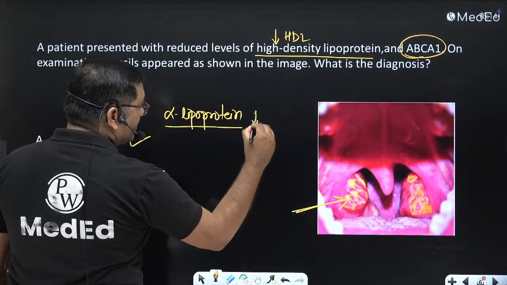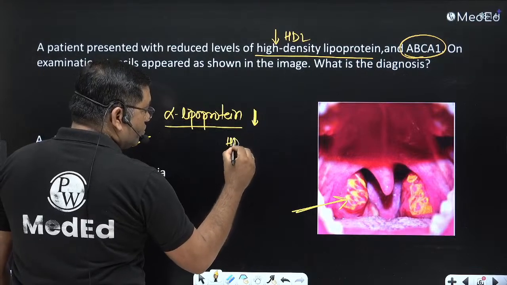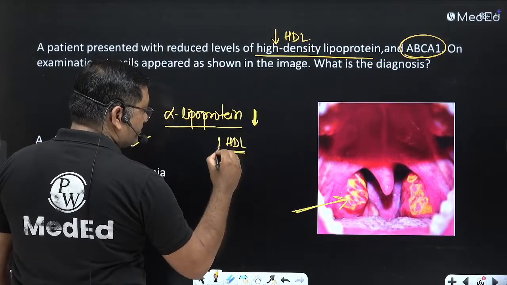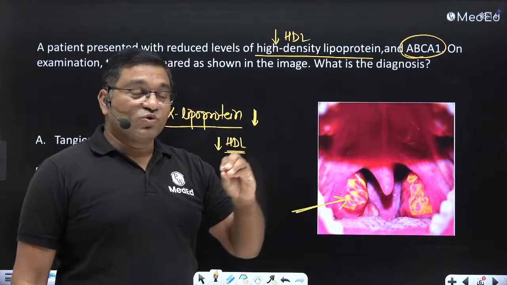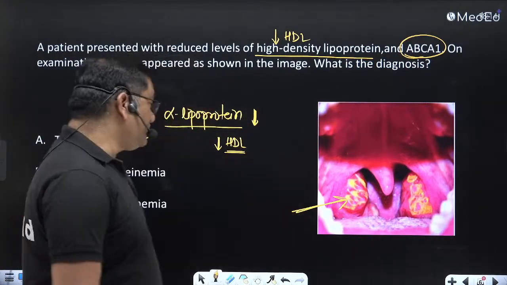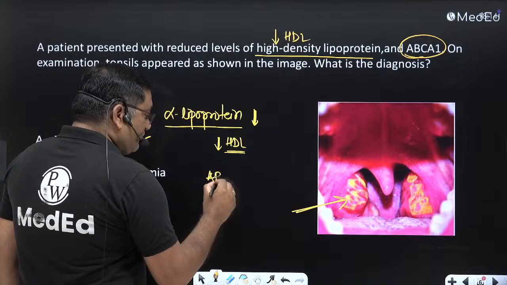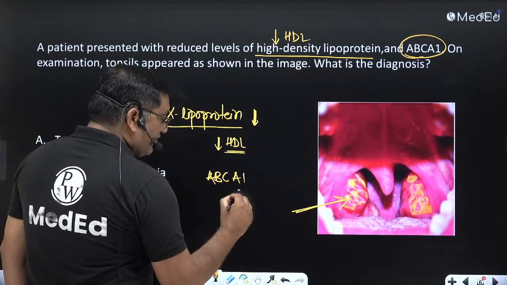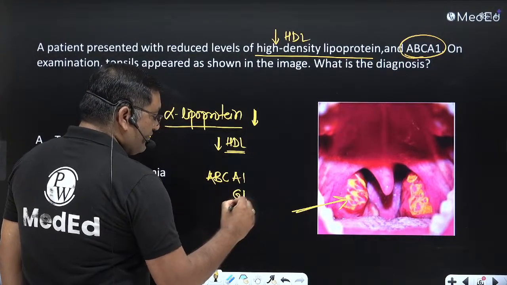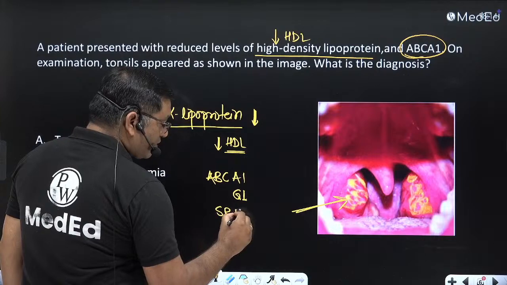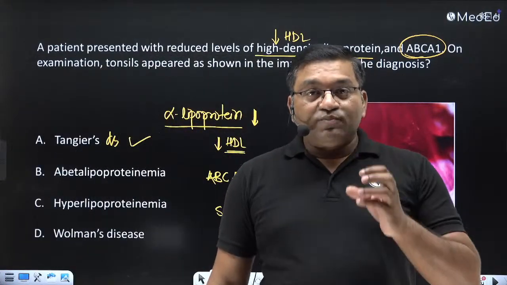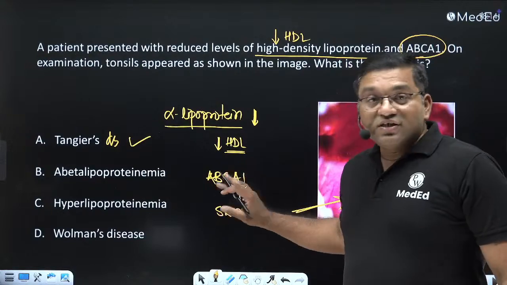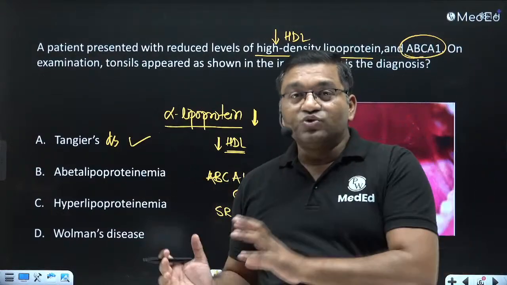Alpha lipoprotein deficiency means there is a low level of HDL lipoprotein. The transporters ABCA1 and ABCG1, ATP binding cassette transporter A1 and G1, and also scavenger receptor B1, are involved in the transport of cholesterol from tissue to the HDL.